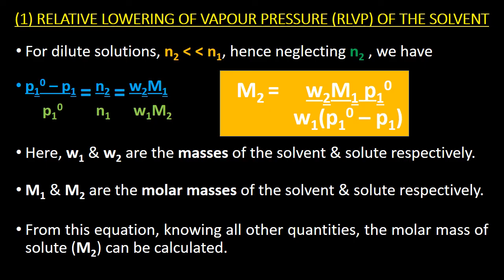Finally, we can express M2 is equal to W2 into M1 into P1 naught divided by W1 into (P1 naught minus P1). From this equation, knowing all other quantities, the molar mass of the solute, that is M2, can be calculated.